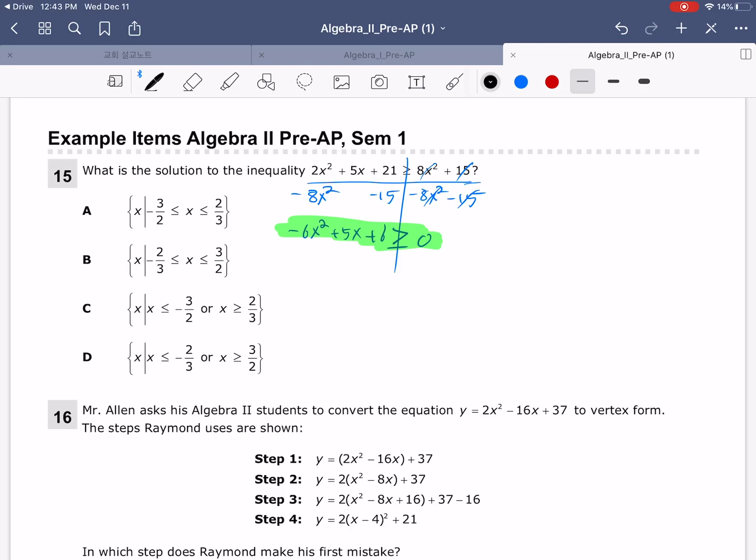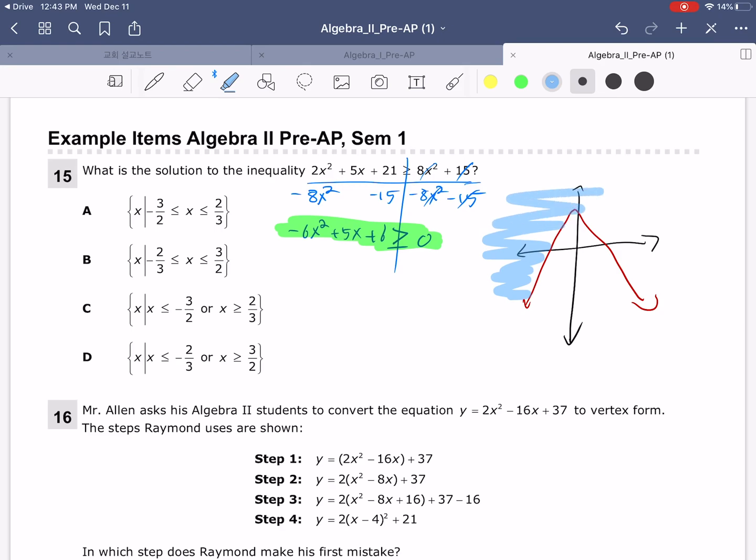What should I do? Okay, I'll just graph it. Because I don't have a calculator, I'm going to do mental math. I'm not going to get exact points, but I will give you an idea. Since it's a negative, I'm going to have a graph something like this. Since x is greater, I believe it's going to be shaded outside, which means it's going to be this way.